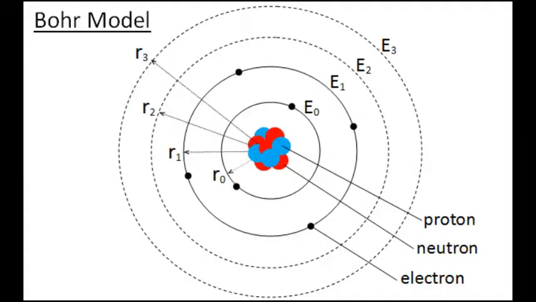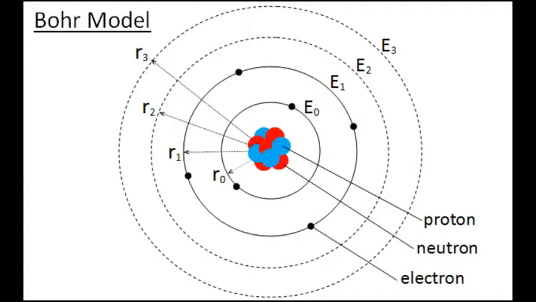And by the way, quantum mechanics, in case you're wondering, is basically the laws of physics that describe the universe on a microscopic level. The main thing that is correct about the Bohr model is that the electrons have discrete energy levels.